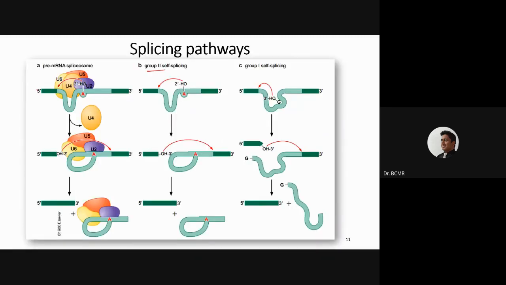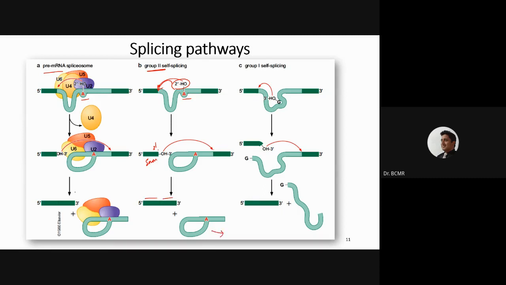Group 2 and the spliceosome machinery, or the nuclear introns, undergo a similar mechanism. Group 2, and the chemistry is the same. There is a branch point adenine, and using its 2' OH, there will be a nucleophilic attack, and the 3' OH of the exon makes a nucleophilic attack, and you will have the splicing of these 2 exons, and a lariat is released.